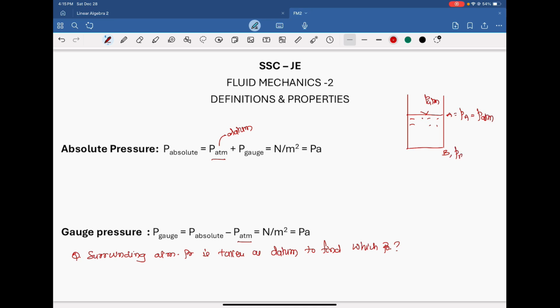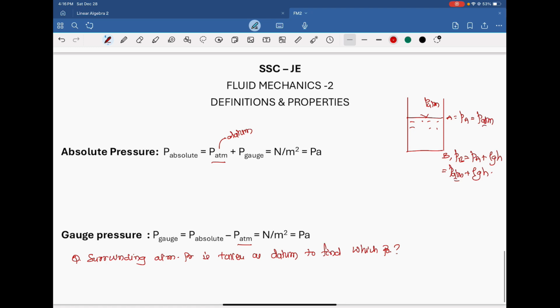This is PB, PA plus gauge pressure, rho g h. Rho g h is the gauge pressure. PA is nothing but P atmosphere. That means surrounding atmosphere is taken as datum to find gauge pressure, to find rho g h, which is equal to gauge pressure.